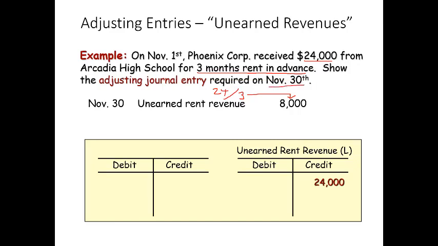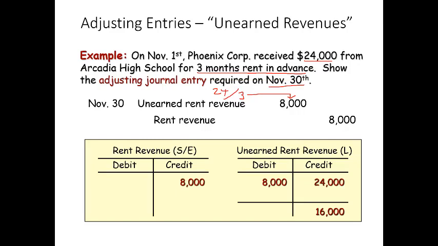November 30th, 1 month has passed, so we record 1 month's worth of rental revenue and reduce our unearned rent revenue liability. So now what's left over is $16,000 in unearned rent revenue. That's for the remaining 2 months of rent that we have to earn. And we actually recognize $8,000 worth of that rental revenue. All right, so that's unearned revenues.